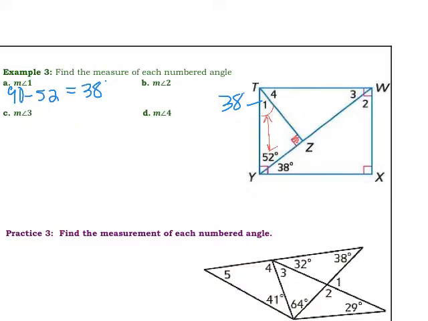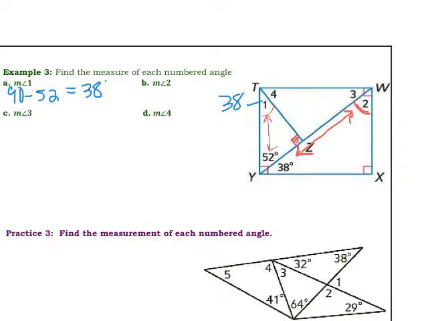All right, Laurel, how would I find angle 2? Think about what we just did on that other triangle. What do you think is true about angle 38 and angle 2? They have to add up to 90. So if they have to add up to 90, what do you think I'm going to do to figure out angle 2?